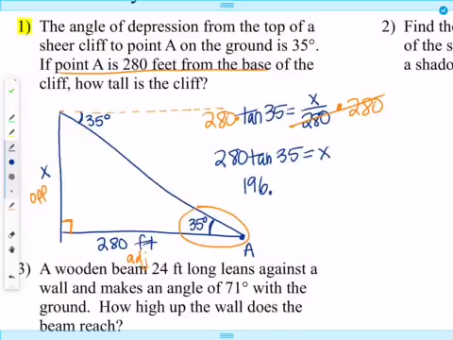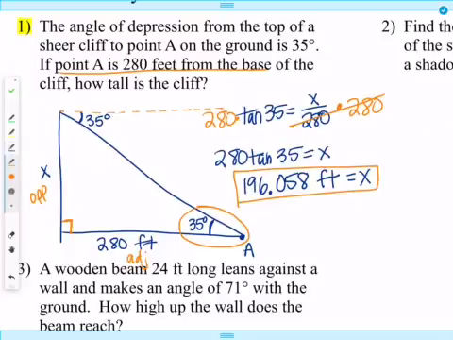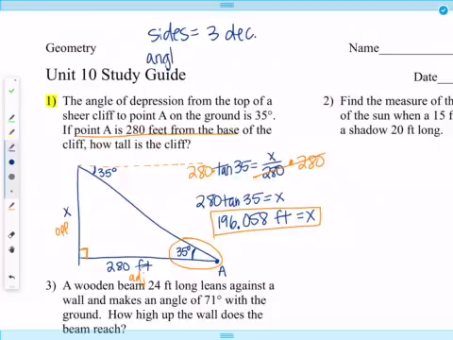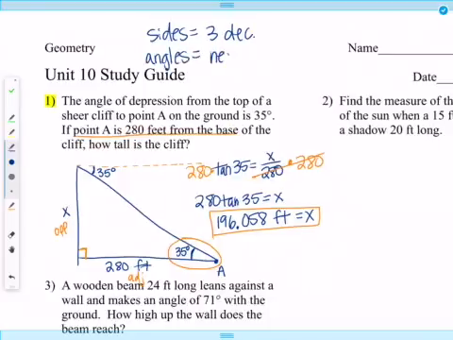Anytime you have an angle, round it to the nearest degree. So 196.058, and our units here are feet. I'll add those directions up here at the top. Sides to 3 decimal places, and angles to the nearest degree.